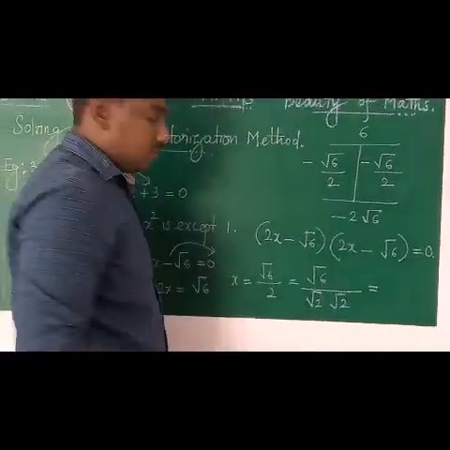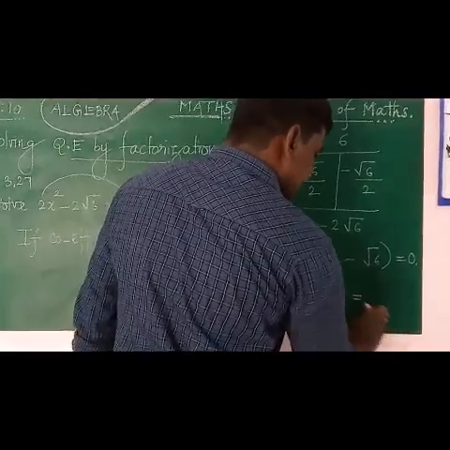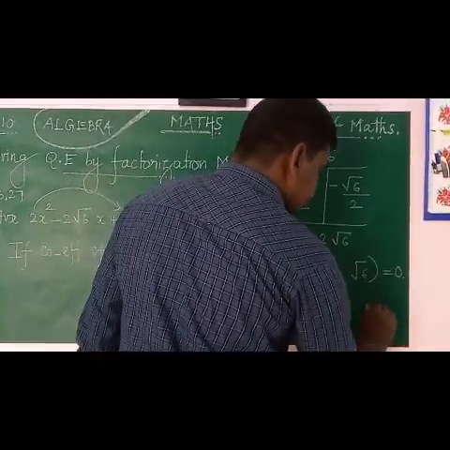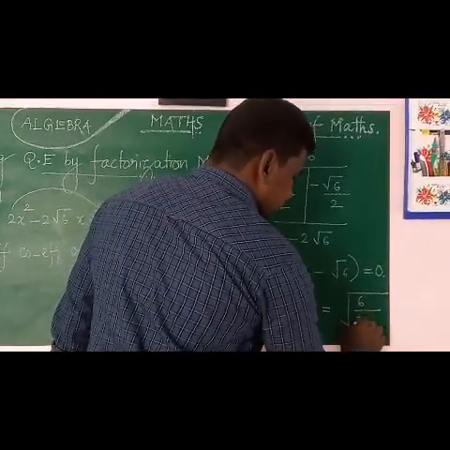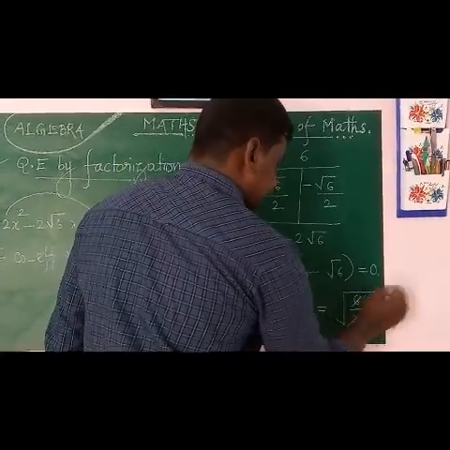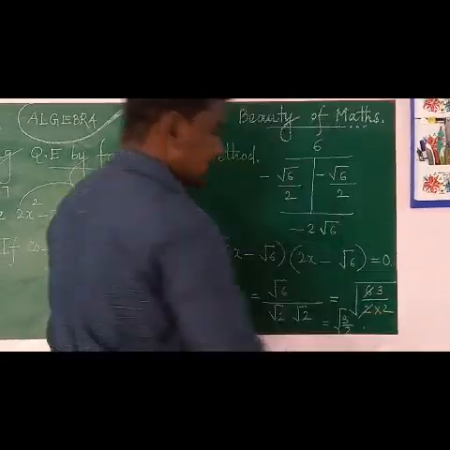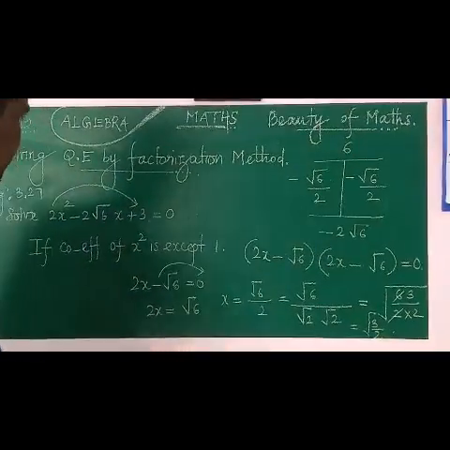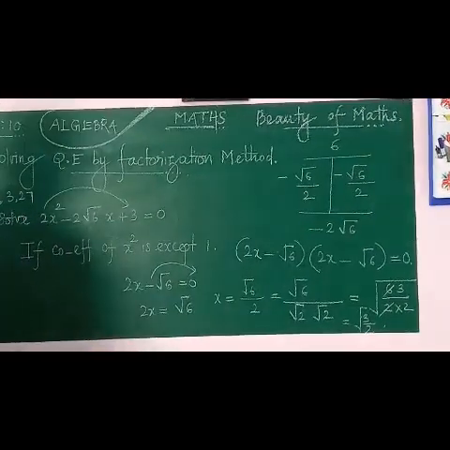So now, under the square root, 6 by 2: 2 goes 1 time, and 3 times. So what do we have? Square root of 3 by 2. And the other one is also root 3 by 2.